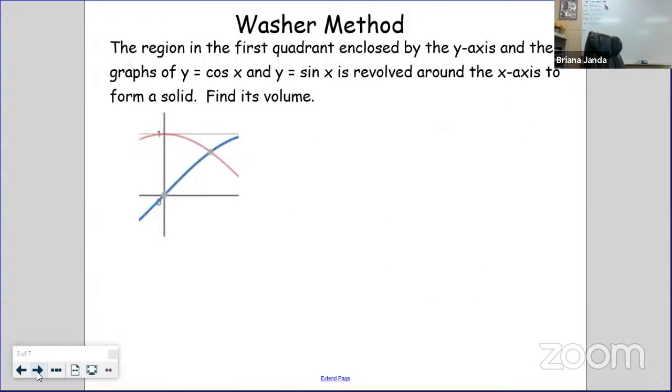So let's look at some examples that have washer shapes as we revolve them. It says the region in the first quadrant enclosed by the y-axis and the graphs of y equals cosine of x and y equals sine of x, which, if we remember what those look like, here's our y equals cosine of x. Actually, I'm going to write it up here.